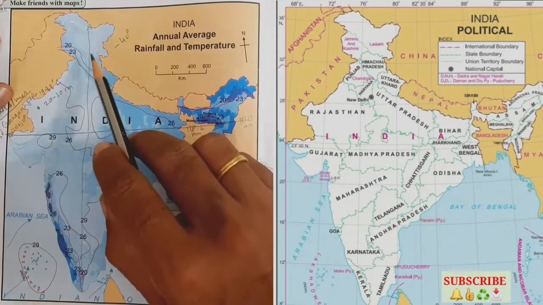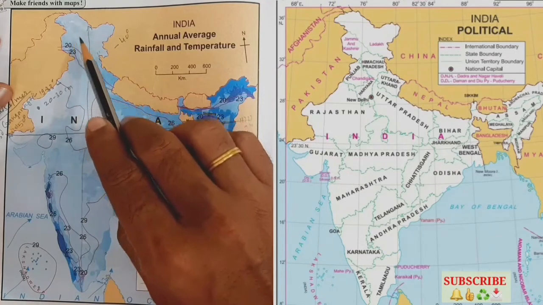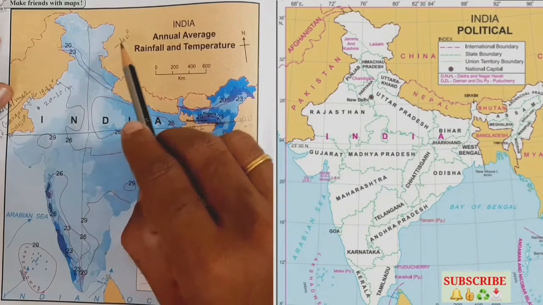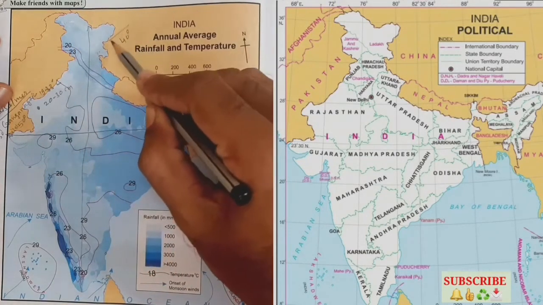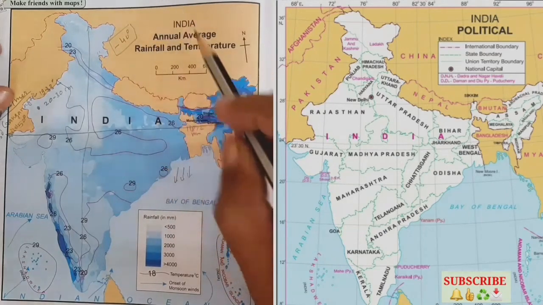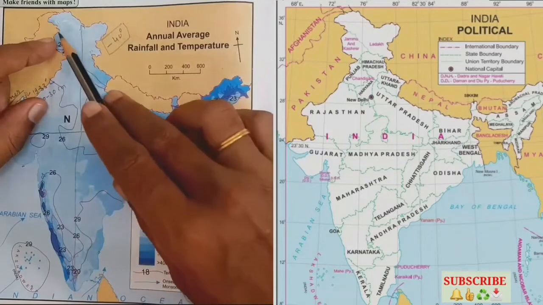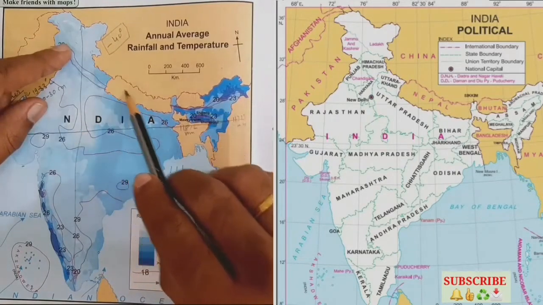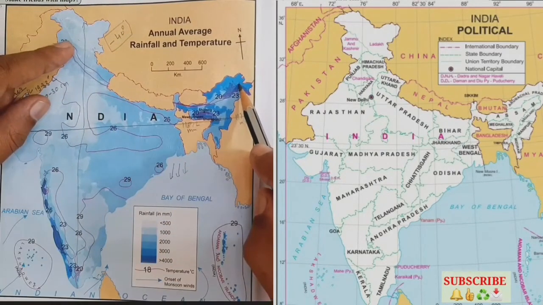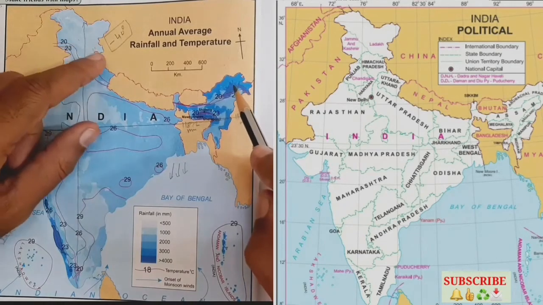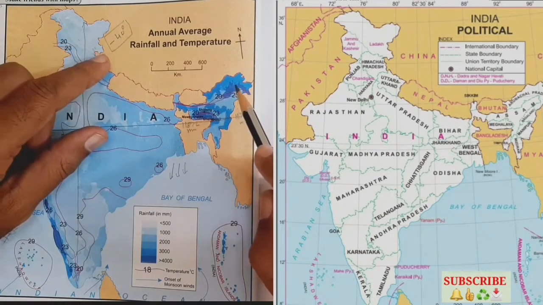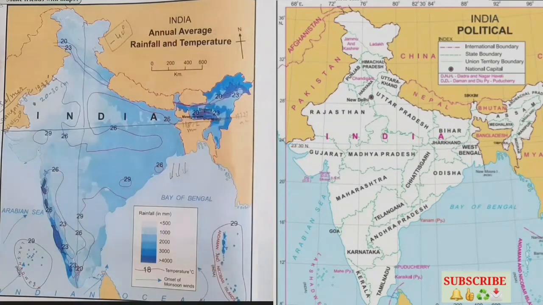Generally in the northwestern part of Himalaya, the temperature falls up to minus 40 degree. Just now I told you about some parts of Jammu and Kashmir, as well as the mountainous ranges of Himalaya, where the temperature falls to minus 40 degree.